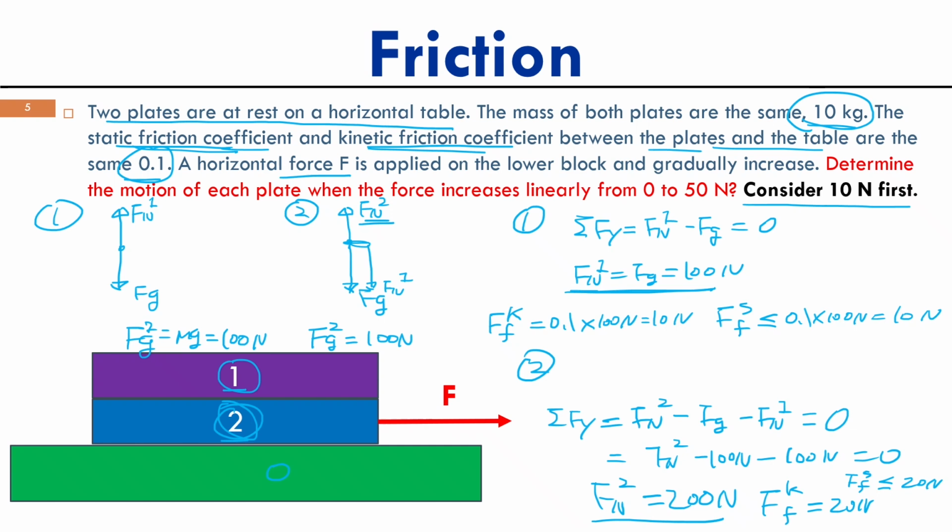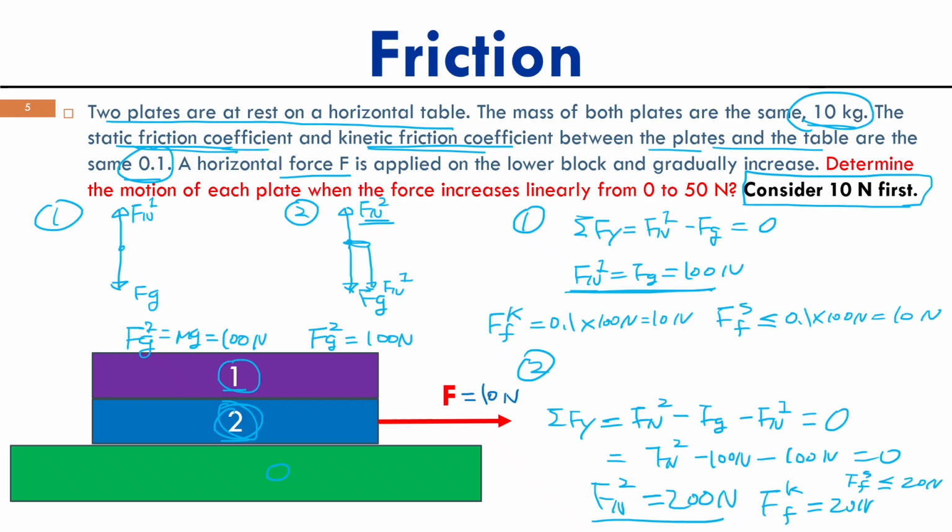Now let's consider what happens if my applied force is 10 Newton. Let me use a different color. If the applied force is 10 Newton, then plate 2 wants to move to the right.